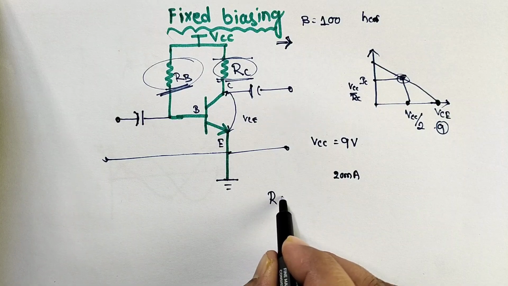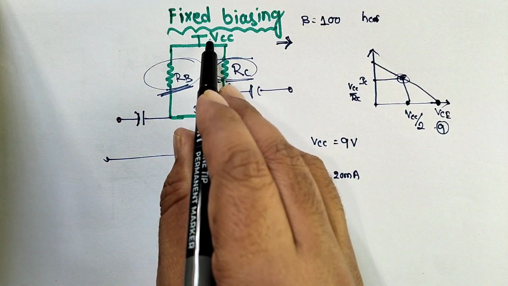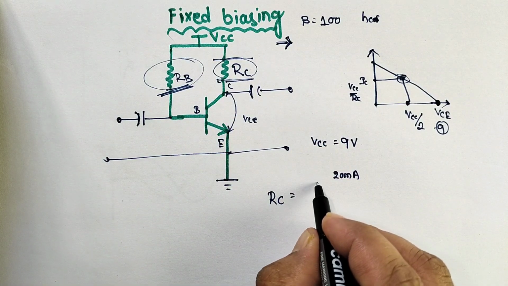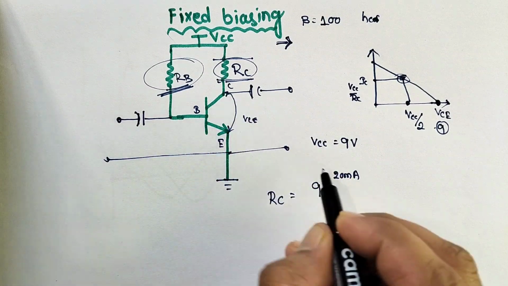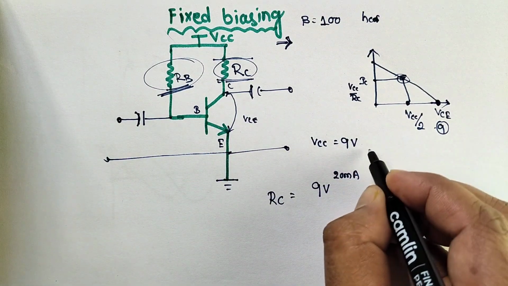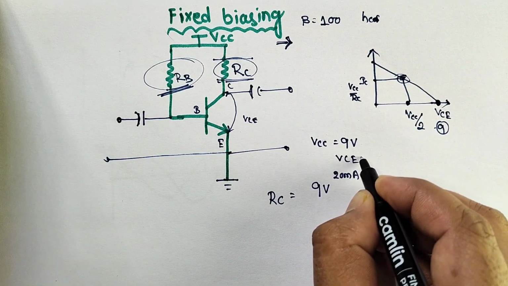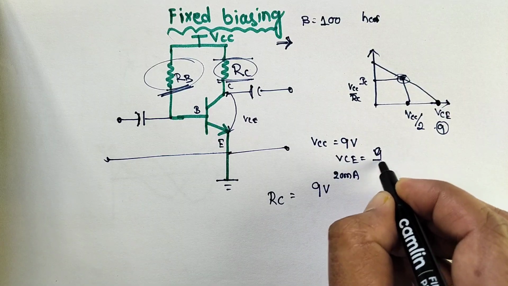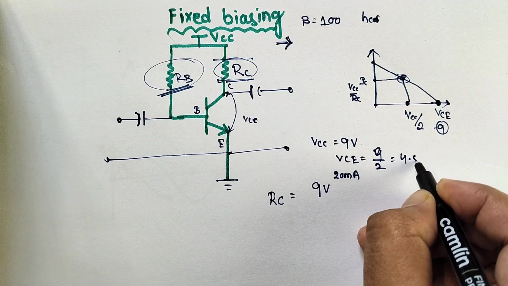RC equals VC divided by IC. You know VC already, at the saturation midpoint VC equals 9 by 2, which means 4.5 volt.